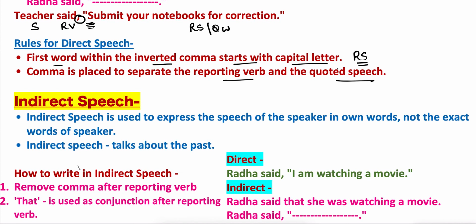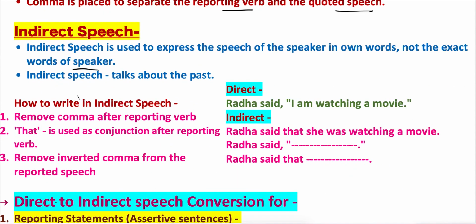Now we'll see what is indirect speech. Indirect speech is used to express the words of the speaker in one's own words, not the exact words of the speaker. So the indirect speech is narrated by a second person who expresses the words of the speaker, but in the second person's own language, own words, not the exact words of the speaker.